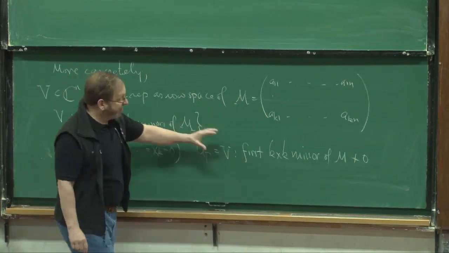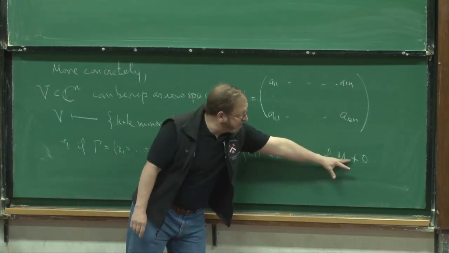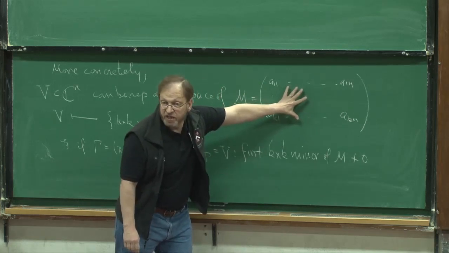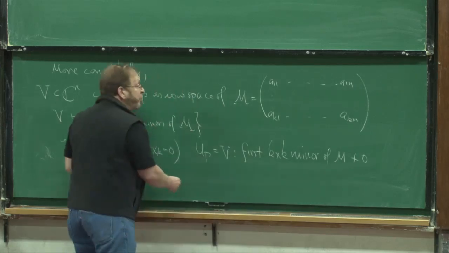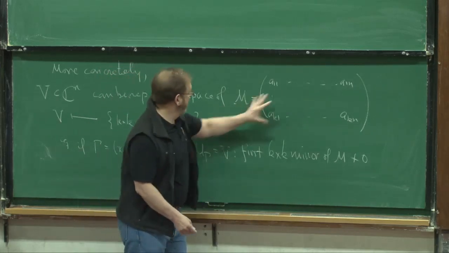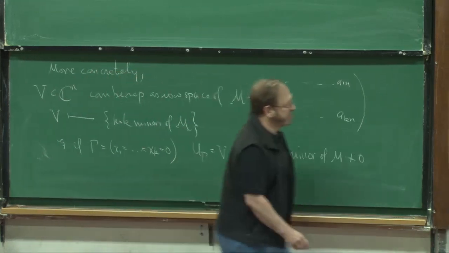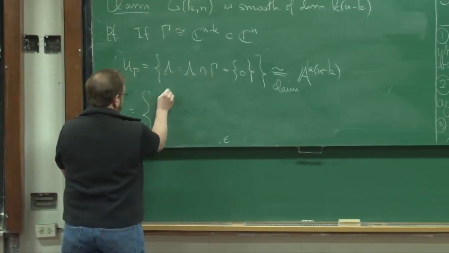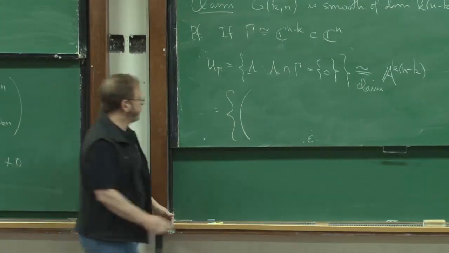Now, if I know that the first k by k minor is non-zero, then I can multiply on the left by the inverse of that first k by k submatrix. And I arrive at a unique expression of V as the row space of a matrix which has a particular form, where the first k by k block is just the identity matrix.